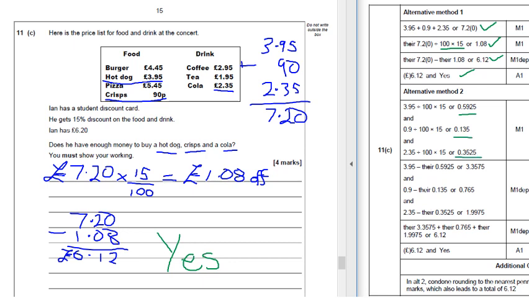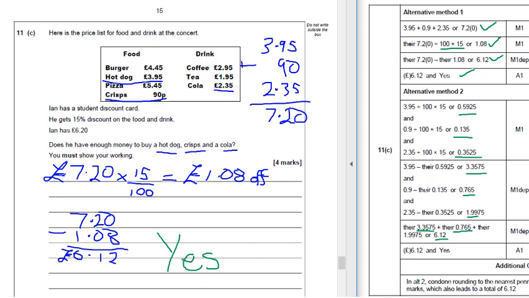That takes more work. Then they've taken each amount off, worked out the new price for each item, then added it up, and they got 6.12, which is what we agreed.